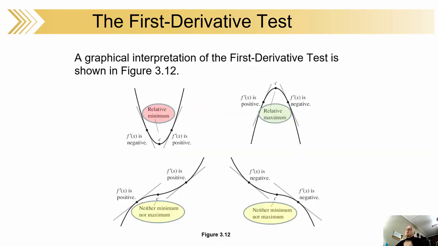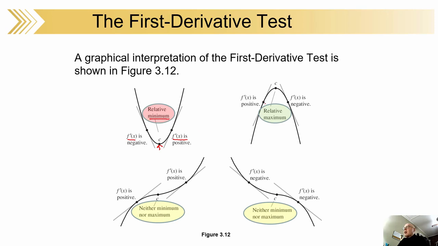Next, here's some pictures. This first one is where the slope is negative, alias derivative, and positive on the other side. In other words, the derivative changes values on either side of this critical number. If the derivative changes signs from negative to positive, you've got a minimum in that interval.